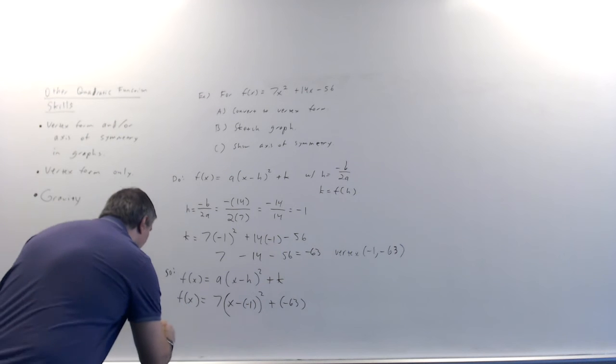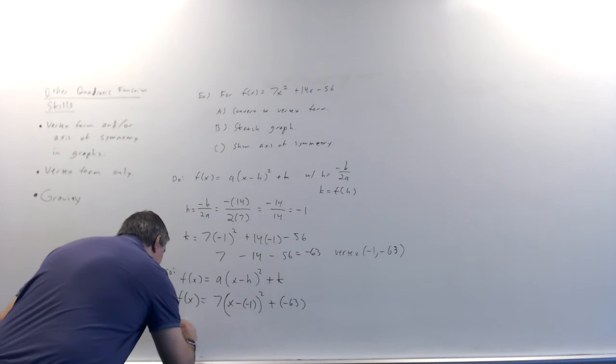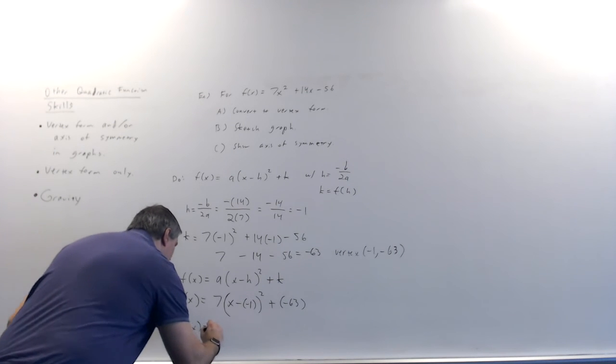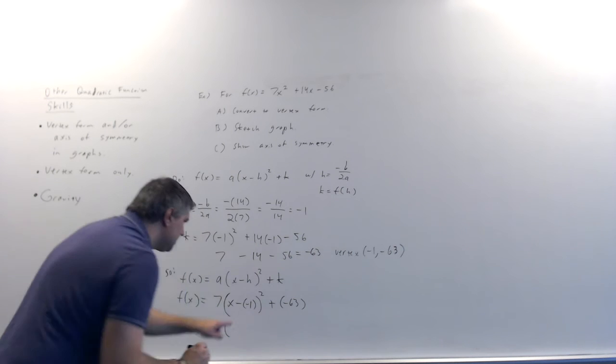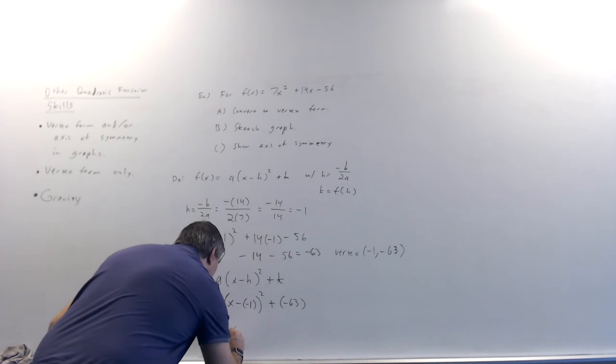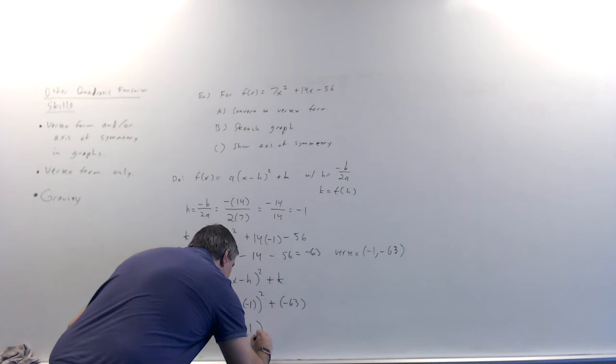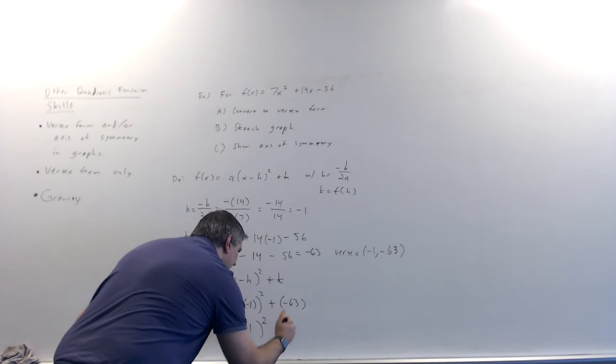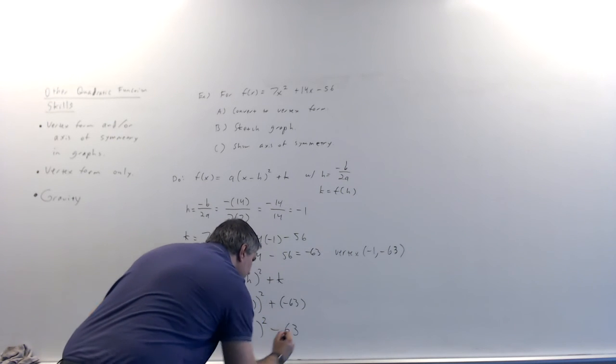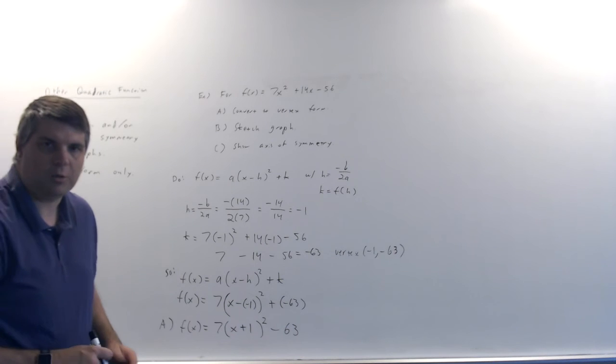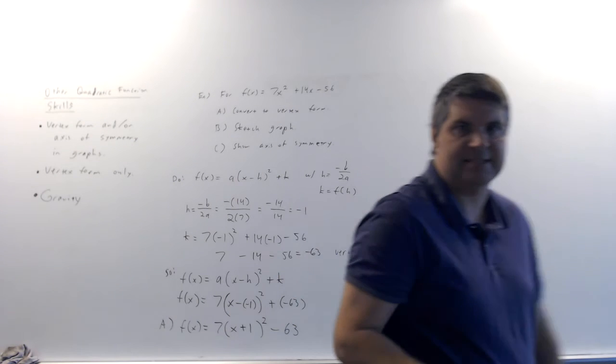All right, so finished, f(x) equals 7 times (x plus 1) squared minus 63. Subtracting a negative is the same as adding, and adding a negative is the same as subtracting. Okay, so vertex form is done.